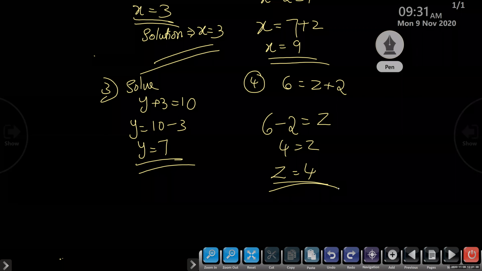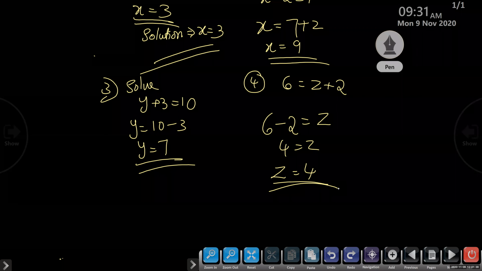Okay. Next, the fifth question is 4x equal to 12. Solve 4x equal to 12. Here 4x means it is 4 into x. Multiplication, so it becomes division, which means x equal to 12 divided by 4.